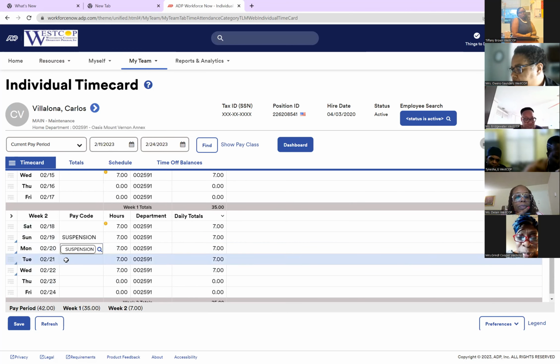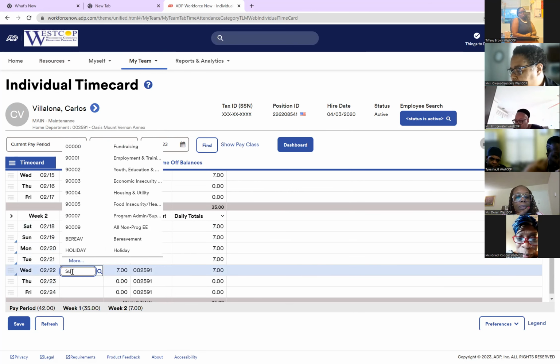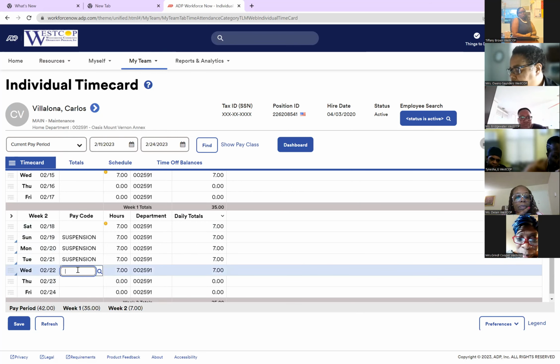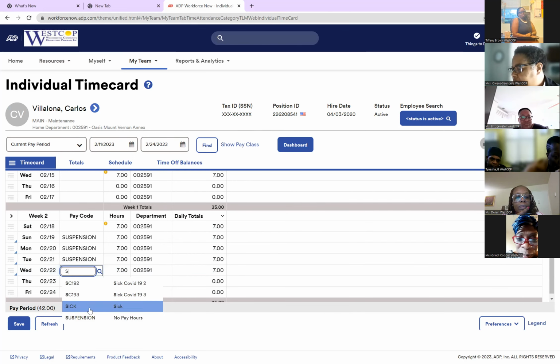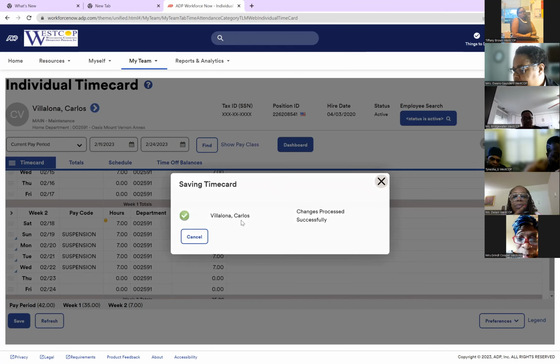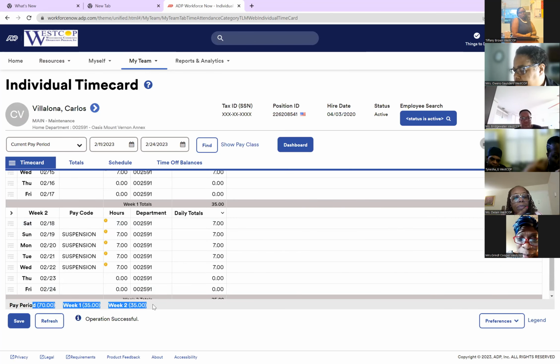Suspension, suspension. Now we're gonna hit save. He has the 70 hours, but he's not gonna get paid for those days he was suspended. Does that make sense? Okay, got you.